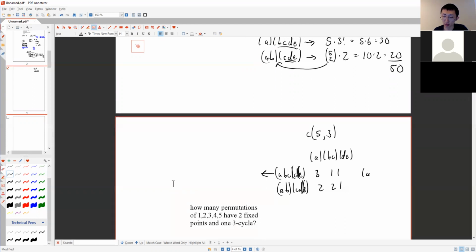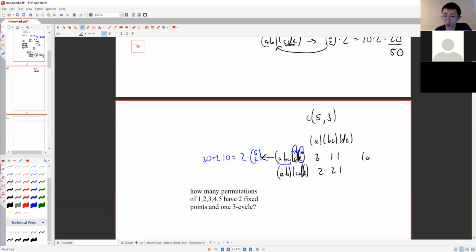Yeah, the single cycles are indistinguishable from each other. So there are 5 choose 2 ways to pick which 2 numbers map to themselves, so D goes to D, E goes to E under the permutation. And then for the 3 cycle, there's 2 ways to put them, because it can rotate A to B to C and then back to A, or A, C, B. So then that is 10 times 2, which is 20.